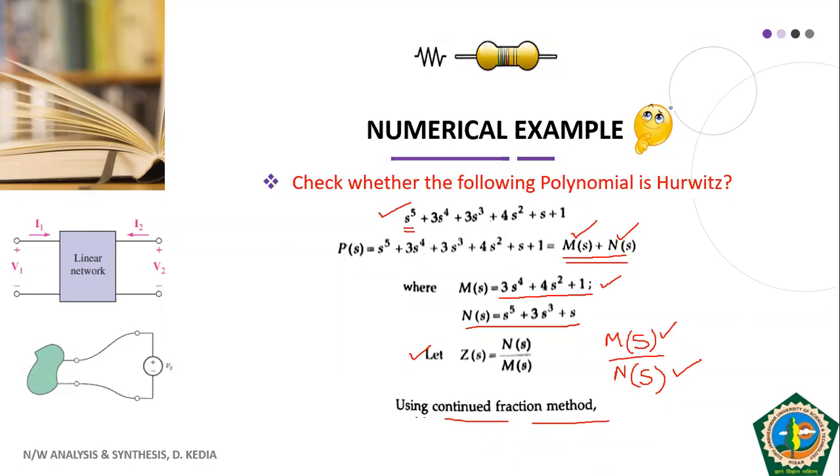We could have the other case also, as is taking place in this numerical. Here the odd powered terms have the higher degree as compared to the even powered. So in this case we will keep N(s) at the numerator and M(s) as the denominator.